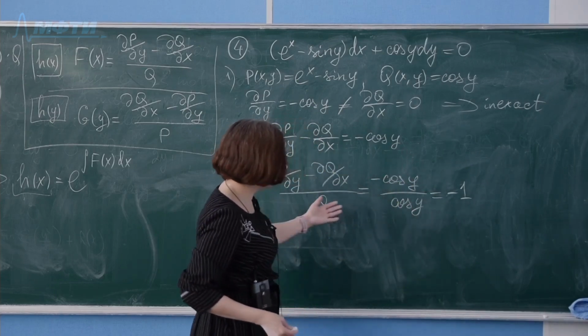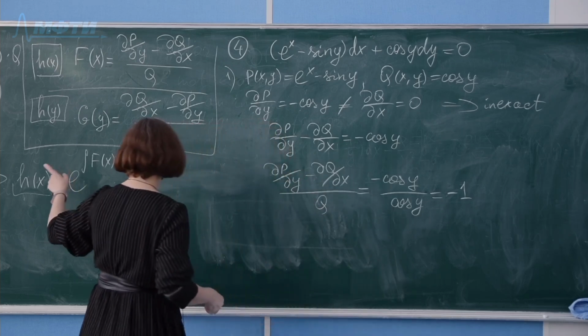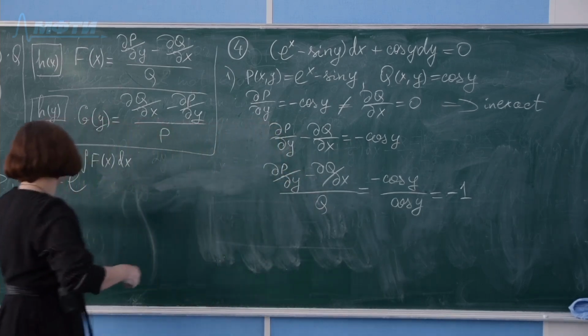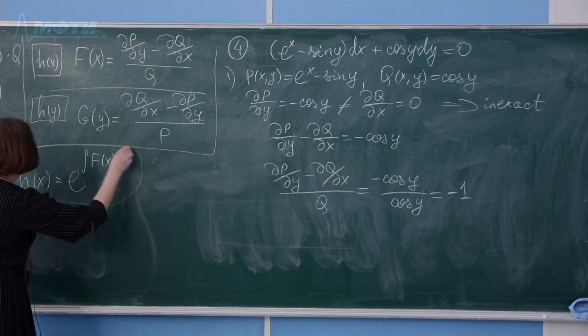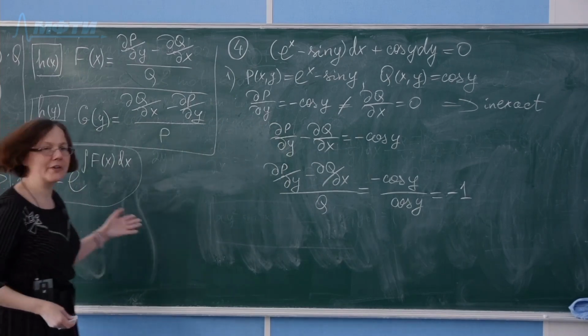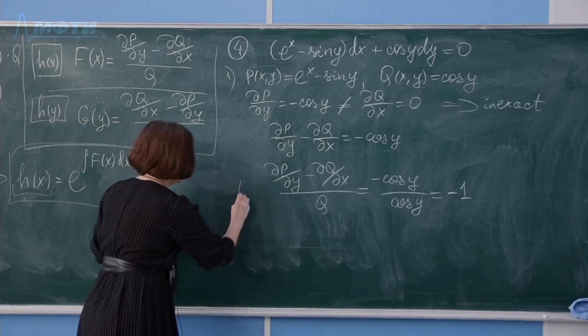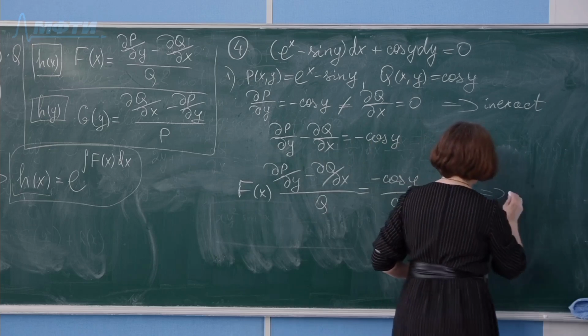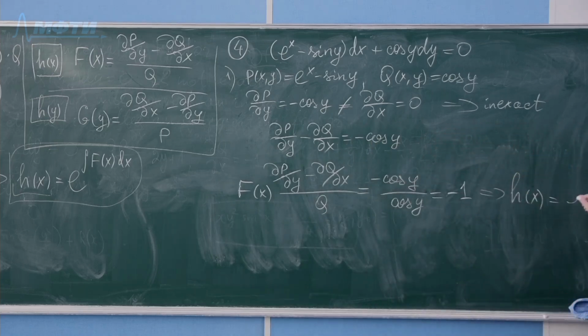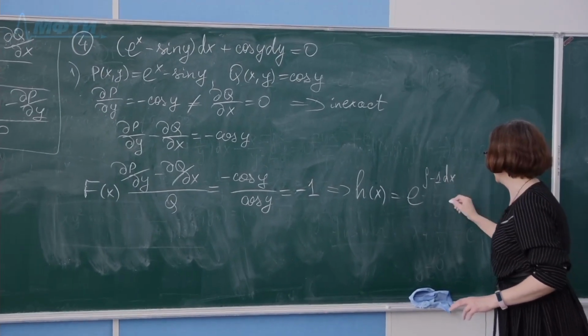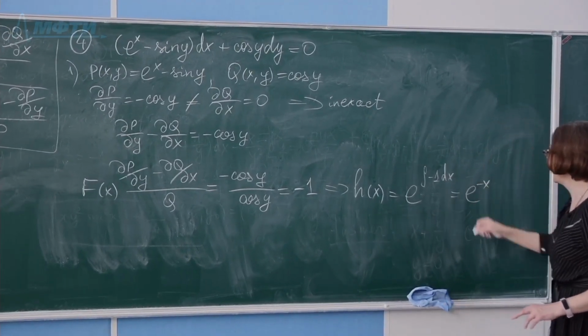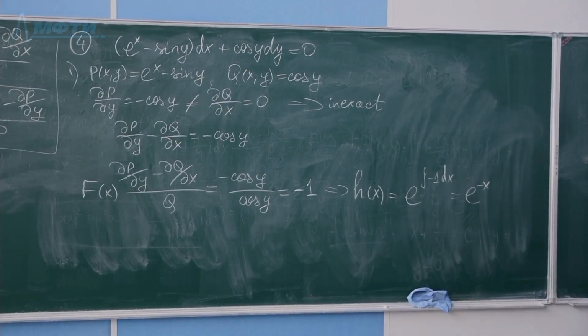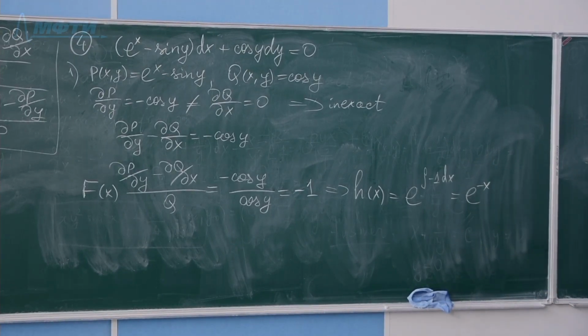So this can be taken as the integrating factor. Let it be f of x, and then the integrating factor h of x will be e raised to the integral of minus 1 dx, which is e to negative x. Right, so this is an integrating factor. It is found.